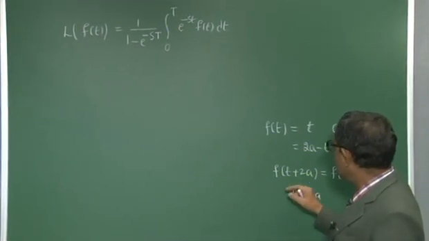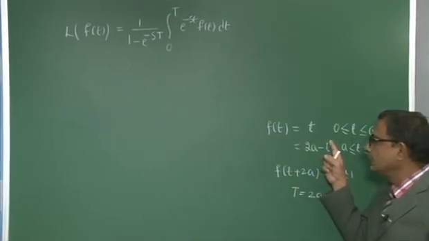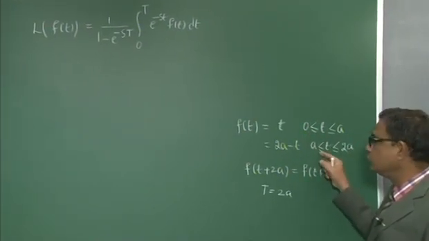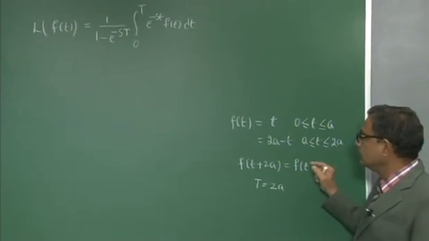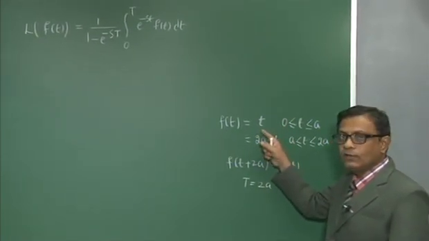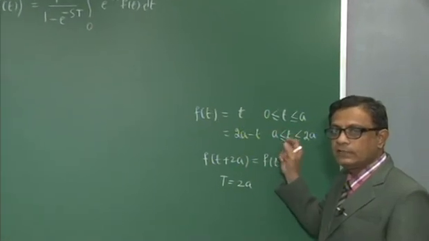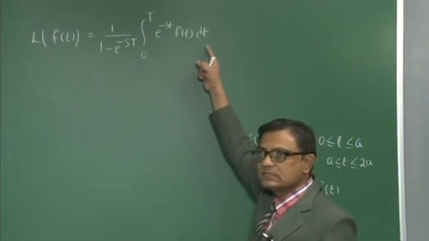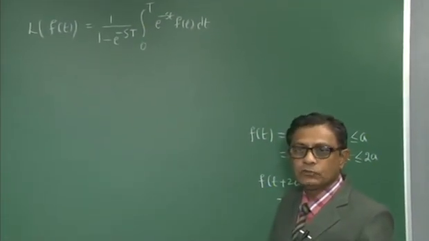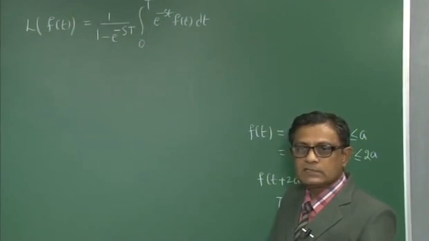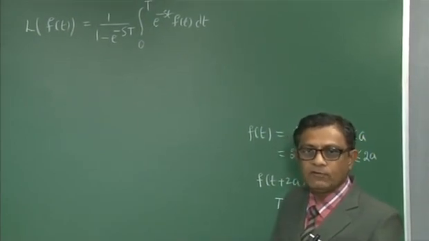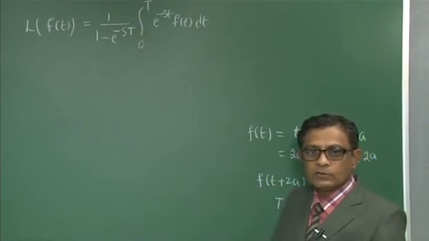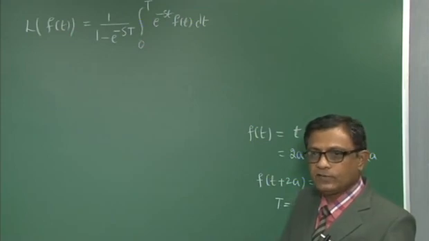Then you split the interval according to the given function, 0 to 2a as 0 to a and a to 2a. Then substitute the value of f of t in the given interval. Then you have to do the integration with respect to t, substitute the upper limit minus lower limit, simplify, you will get the required Laplace transform for the given function f of t.